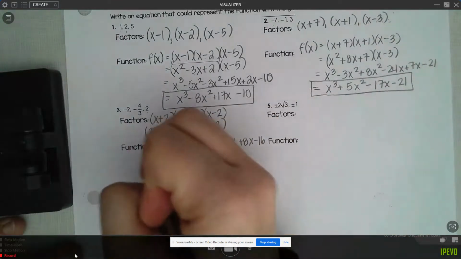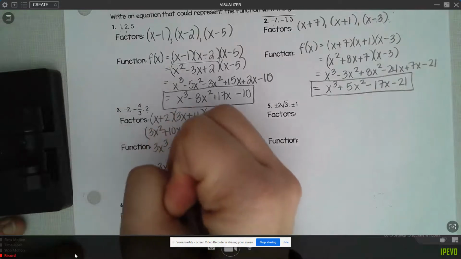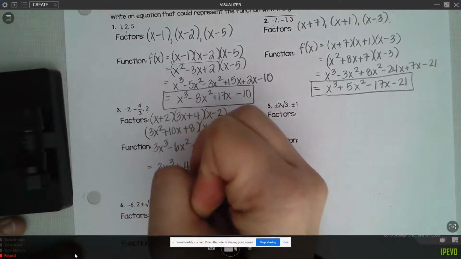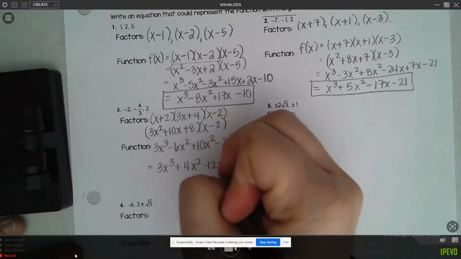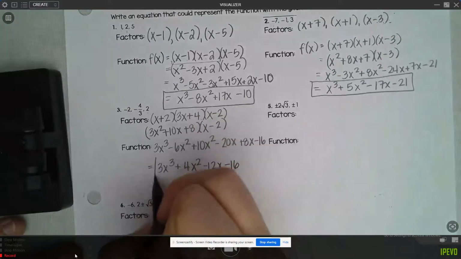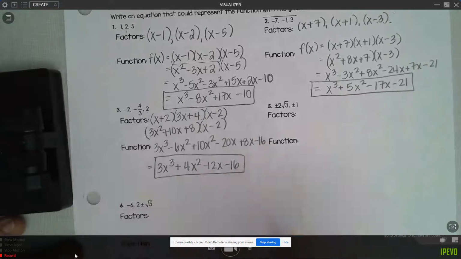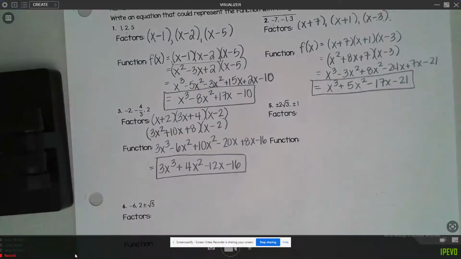Combine like terms. 3x cubed plus 4x squared minus 12x minus 16. The algebra is where you could possibly make mistakes, but hopefully not too many.